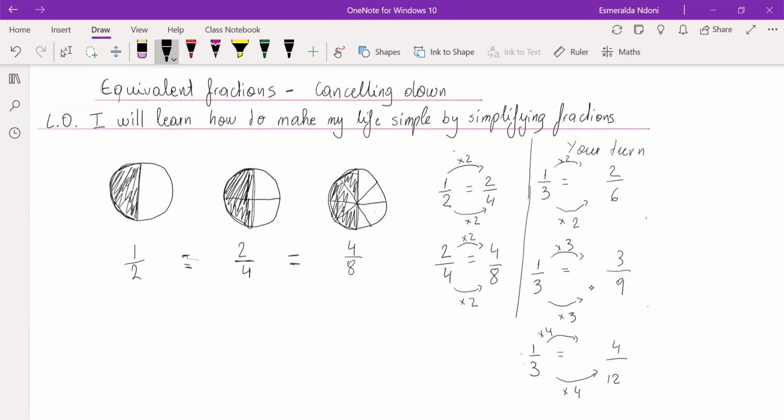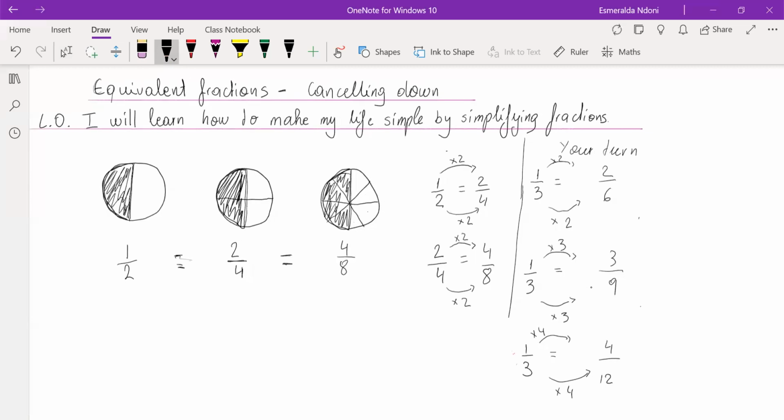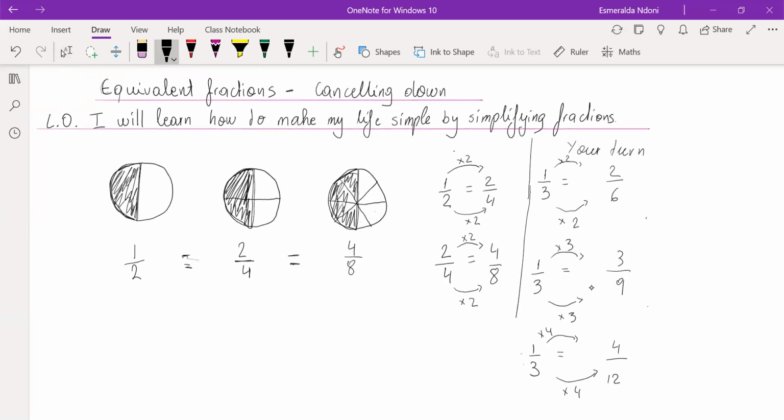So this is all it is to equivalent fractions. Now, if we go backwards, and what I mean by that is this. If I had 2 sixths and I go back to a third, how did I get that?